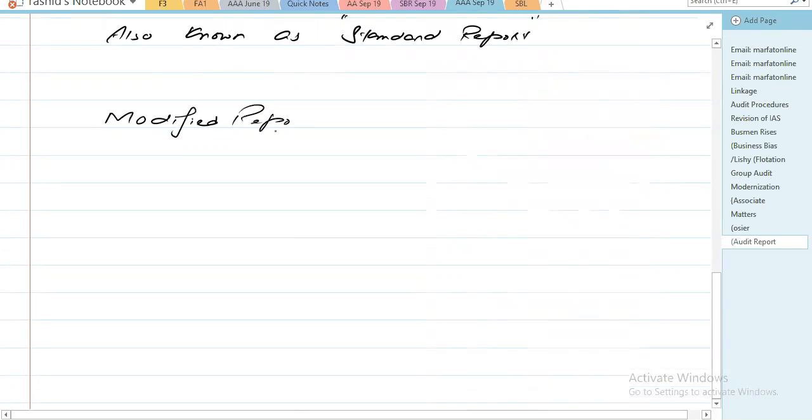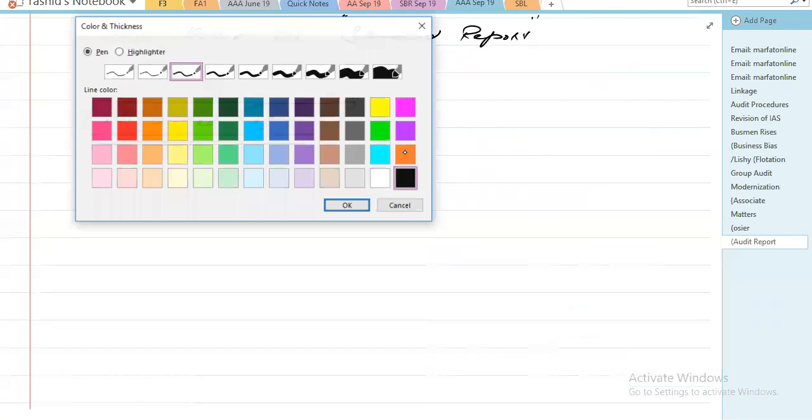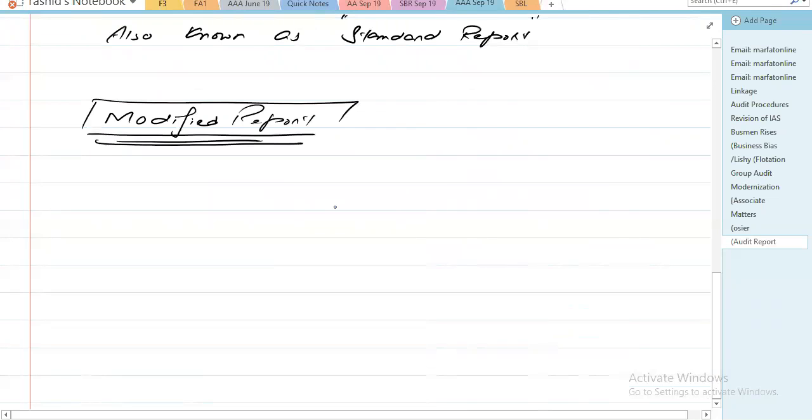Now the unmodified report is where the financial statement gives a true and fair view. So that means when you talk about the modification, there will be something else. Something else means something other than the financial statement gives a true and fair view. So there are actually four types of the modified report.